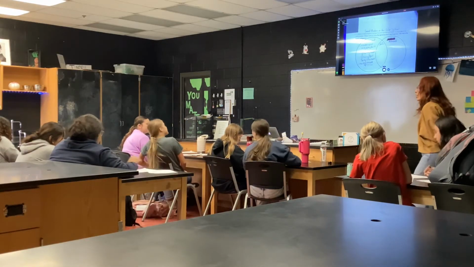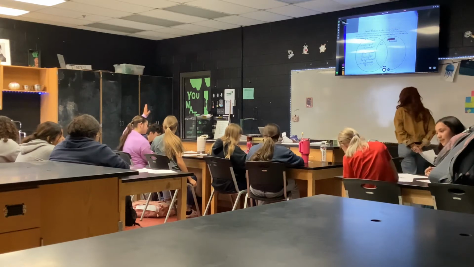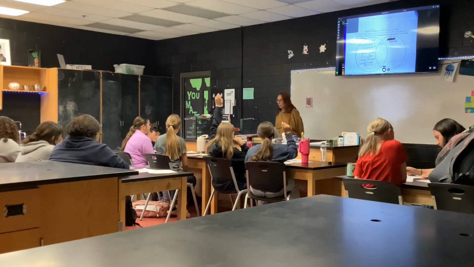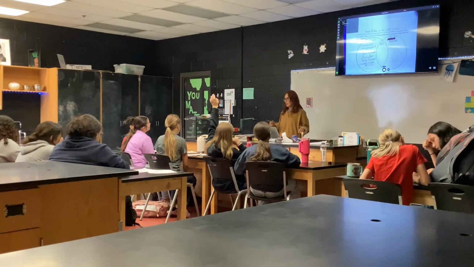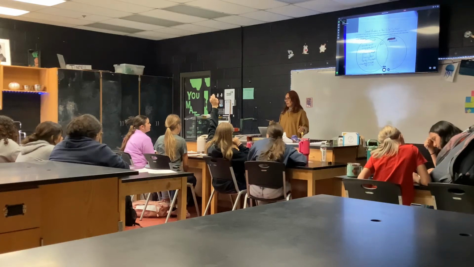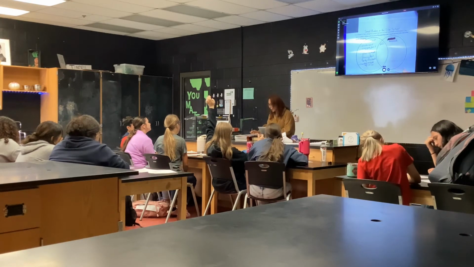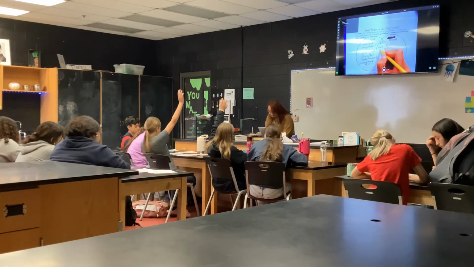Okay, so what are some distinct characteristics from the asteroid that are not like the comet? Yes, Heidi. It orbits the sun. Is that correct? They both orbit the sun. It orbits the sun, yes, but they both do. I know one.